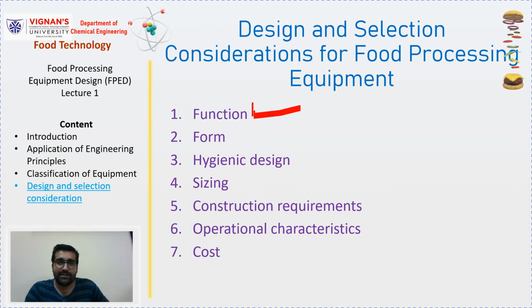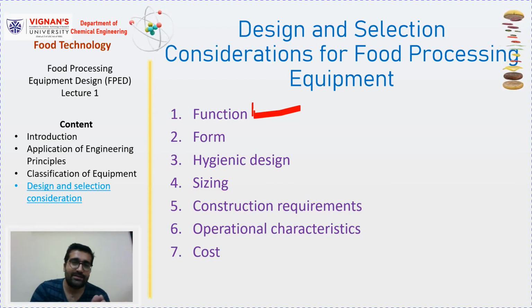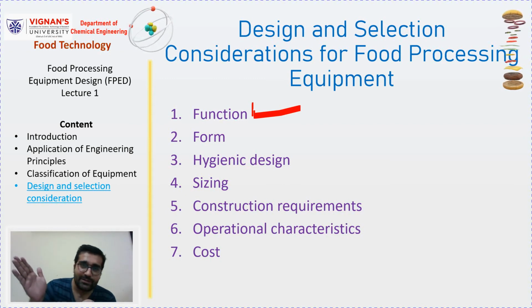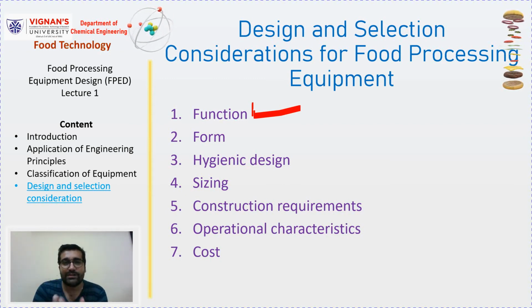For example, if we are going to design equipment for sugarcane processing, we should design a peeler which should peel it, or we will go with a juicer which should juice the sugarcane.